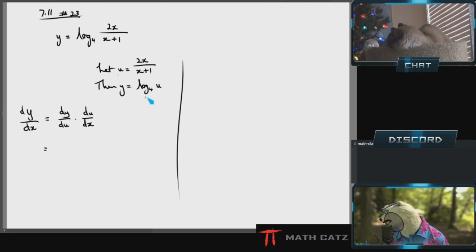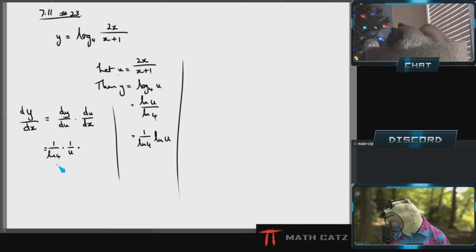Derivative of the outside function, well, this is a general base log. I rewrite it to a natural log. Change of base formula. Good stuff. Then I can see it as a constant times a function. So it's 1 over natural log 4 times the derivative of this guy, 1 over u. That's the first part of the chain rule.